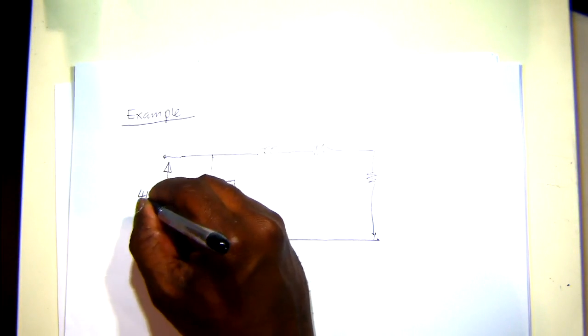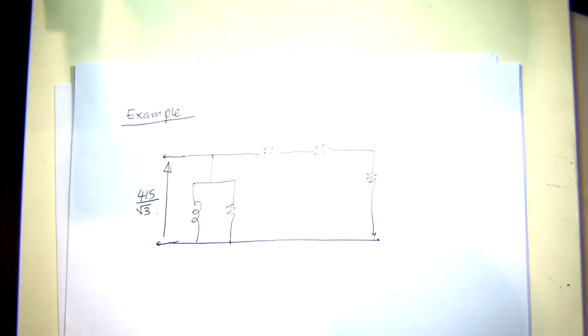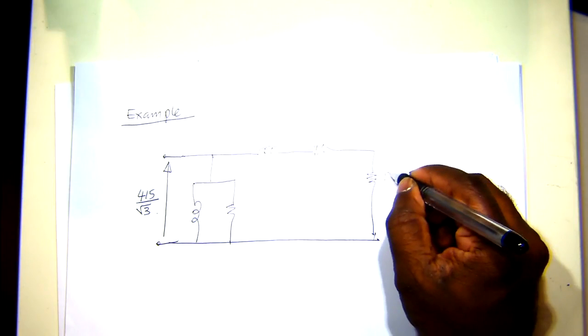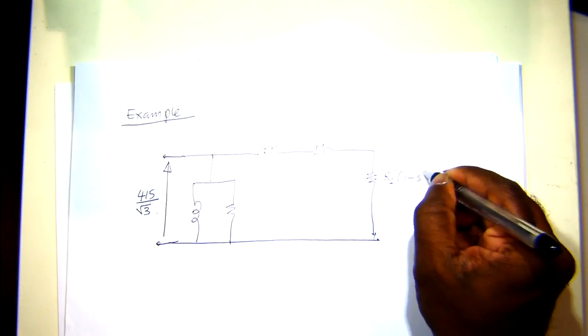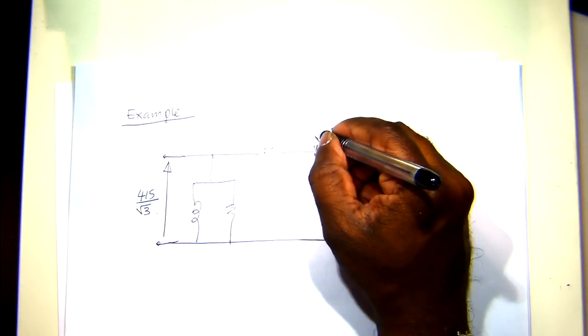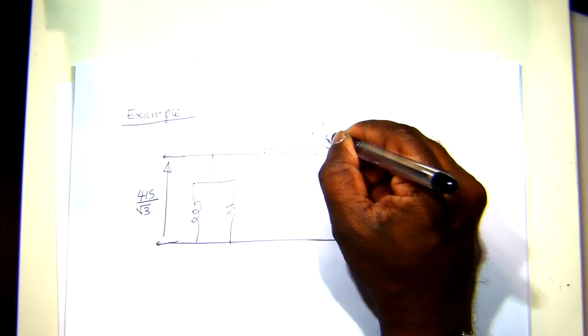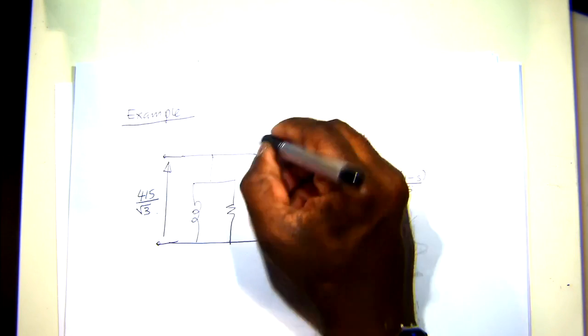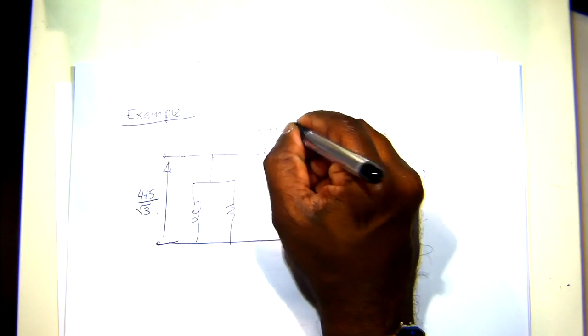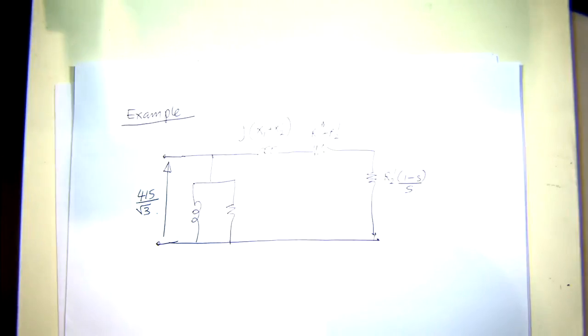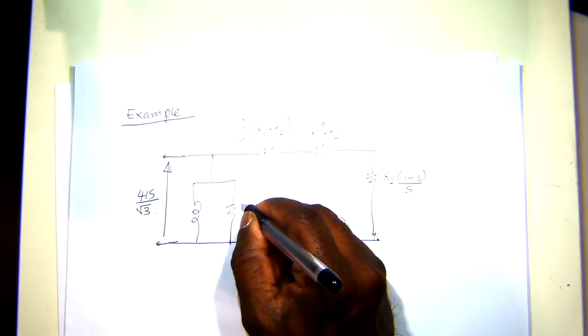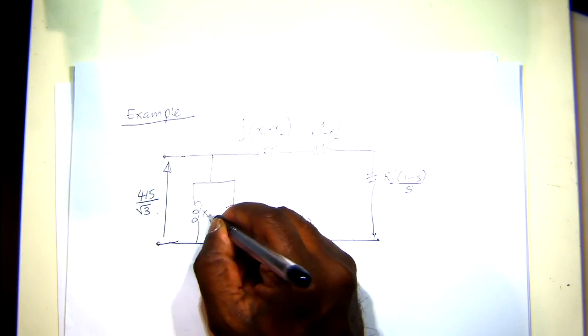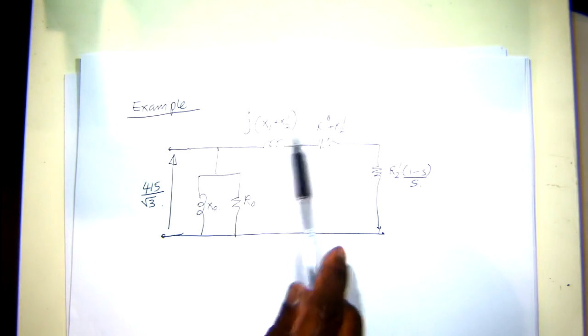Then this voltage will be 415 over root 3, that's the phase voltage. And this element is R2 prime (1 minus S) over S, and this is R1 plus R2 prime, this is X1 plus X2 prime, and this is the core loss resistance R0 and X0. So all this information is given.